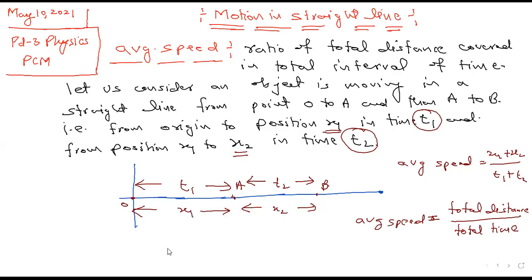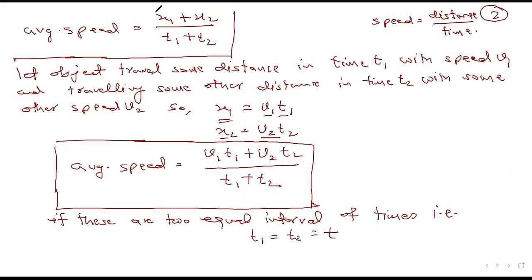So total distance is x1 plus x2, total time is t1 plus t2.